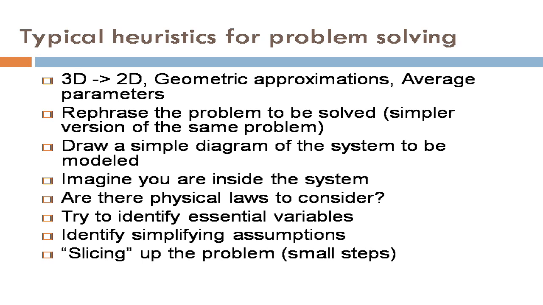We draw simple diagrams of the system, or we try to imagine that we are inside the system, and we think of physical laws, or we try to identify essential variables, or simplifying assumptions, or we slice up the problem so that they're in small, more easily handled steps.